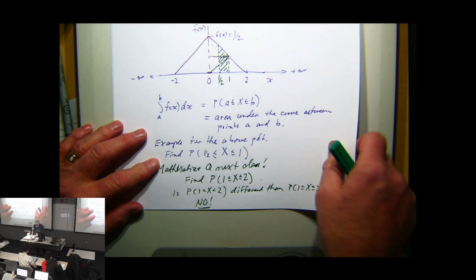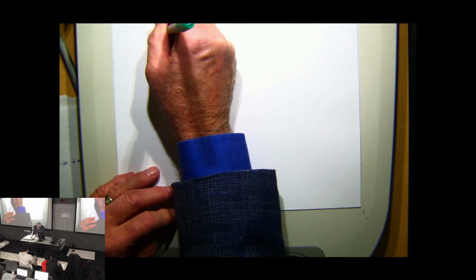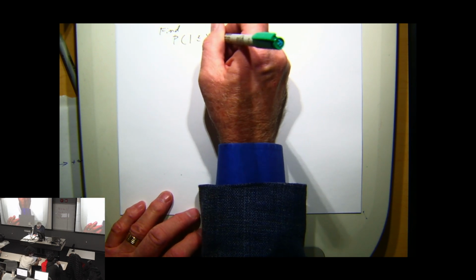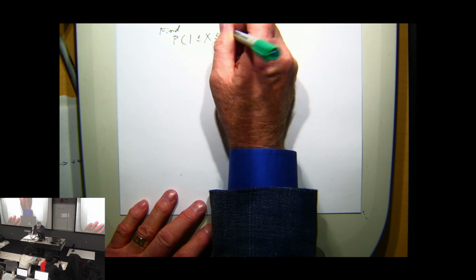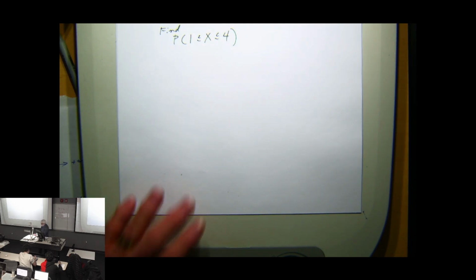We could have also asked a question like this: find the probability that 1 is less than or equal to x is less than or equal to 4, for example. And what would be your answer for that? Anybody got a quick answer for that?